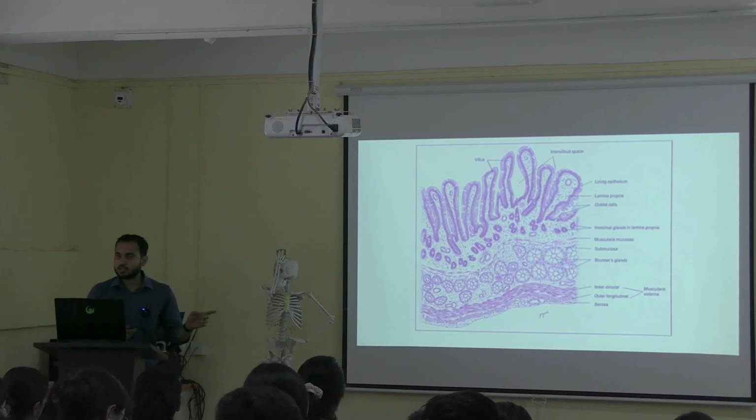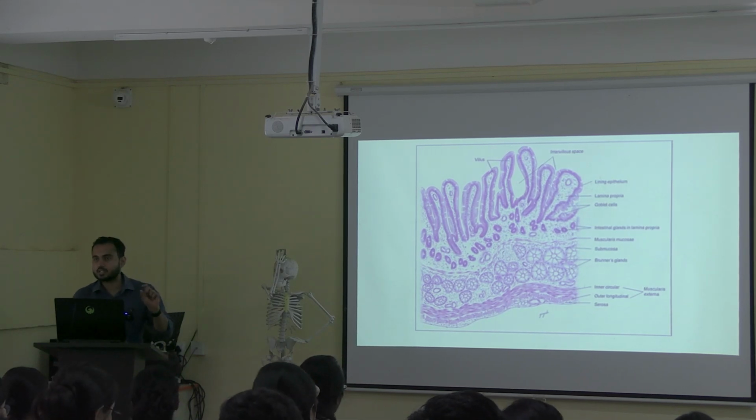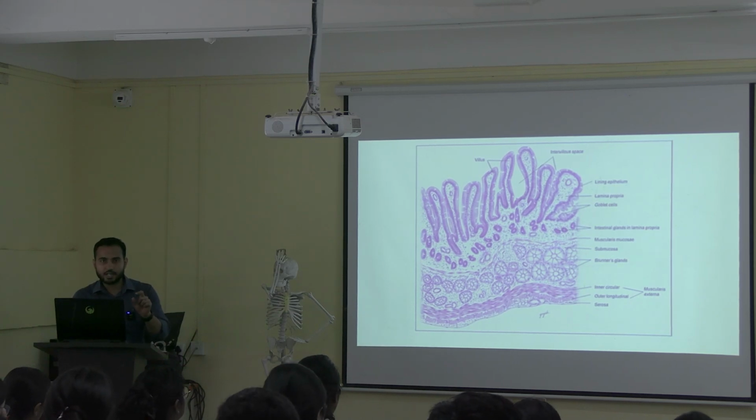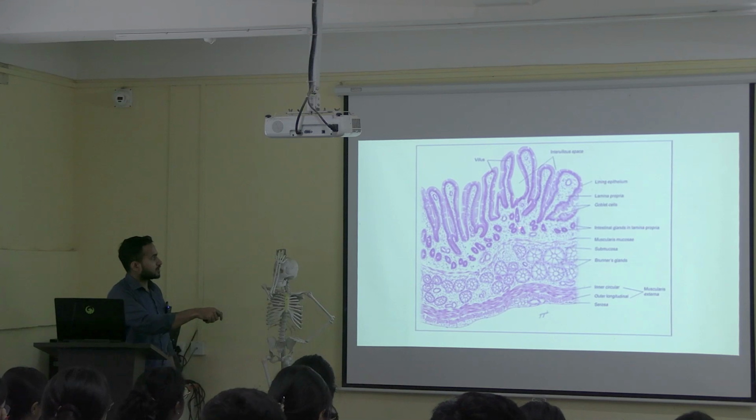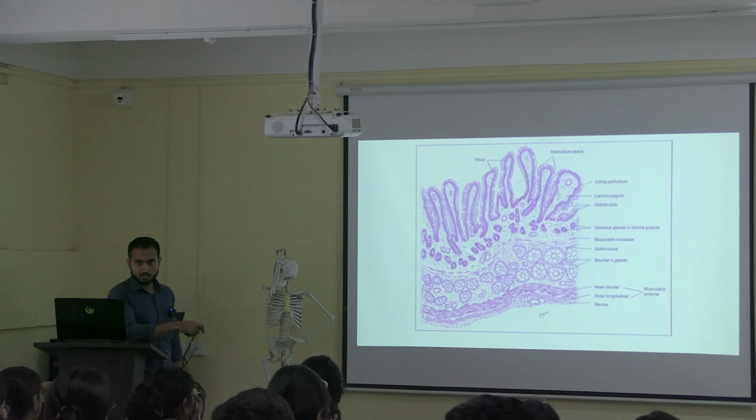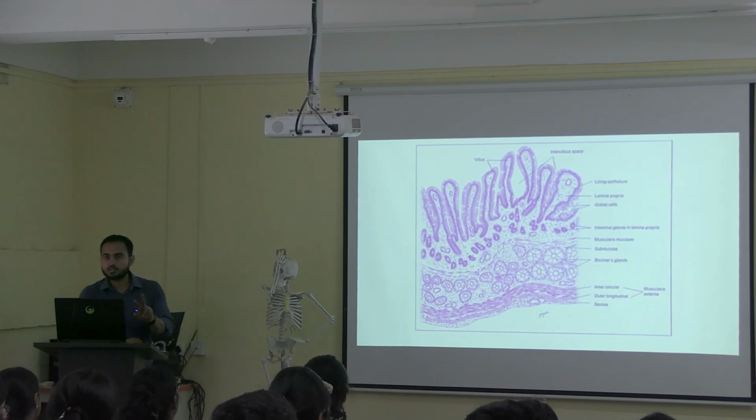Now here also one particular point is there. I don't know whether you have noticed or not. What is the difference between Brunner's gland and intestinal gland? See, listen. These are also glands. In classification, I know a difference is there, but I am not going into that.